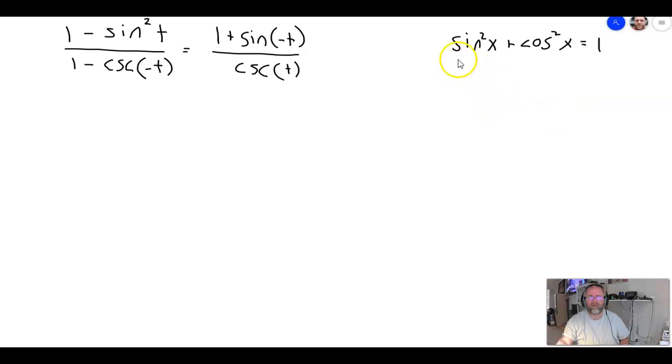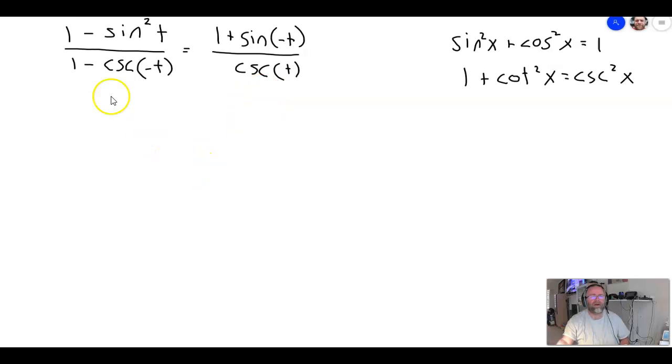And we're also going to use, if you divide everything here by sine squared of x, you'll get 1 plus cotangent squared of x is equal to 1 over sine squared of x, which is cosecant squared of x. So we're going to be using the Pythagorean identity plus this variation of it in this problem. Make sure that we know these and we can derive them when we need to.